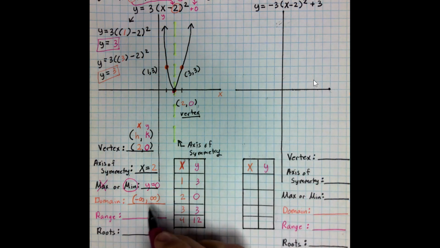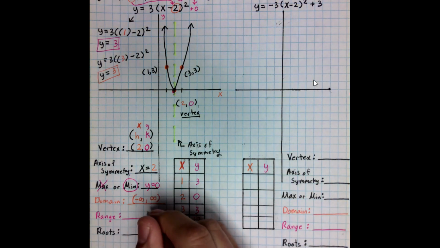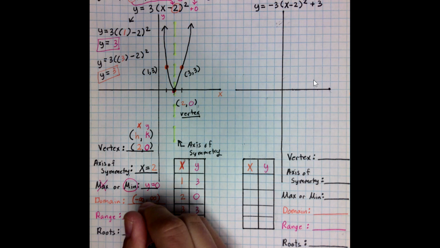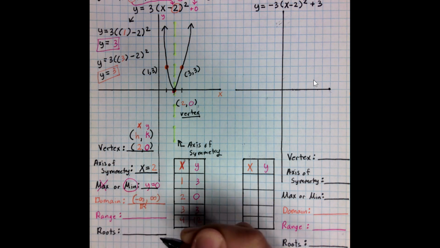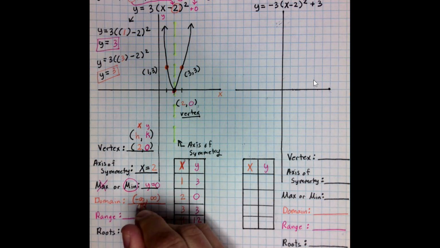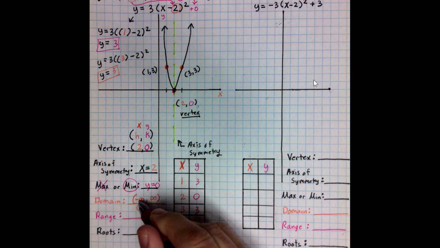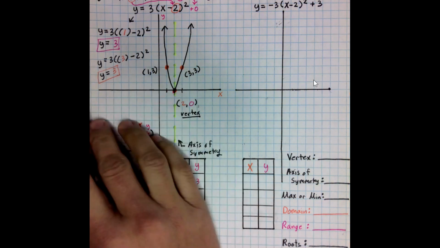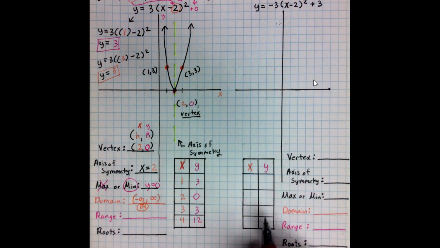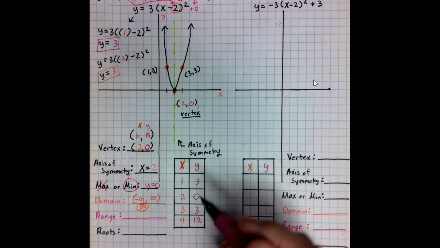Another way that we could have stated this is all real numbers. There's a symbol for all real numbers, and it basically looks like an I attached to an R. So if you see this symbol, it's basically the same thing as negative infinity, positive infinity. It just means all real numbers. It means it goes forever to the left and forever to the right. So that is our domain.